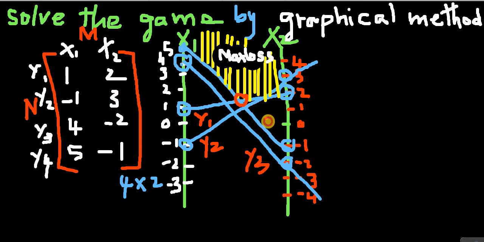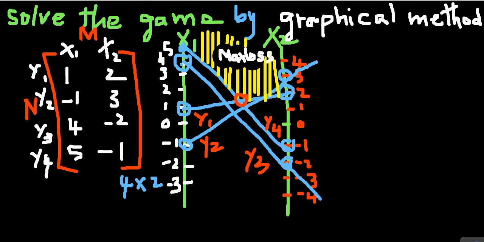This is y4. So what we understand is that this is the intersection of this line and this line. This line corresponds to y1 and this line corresponds to y4. Am I correct?